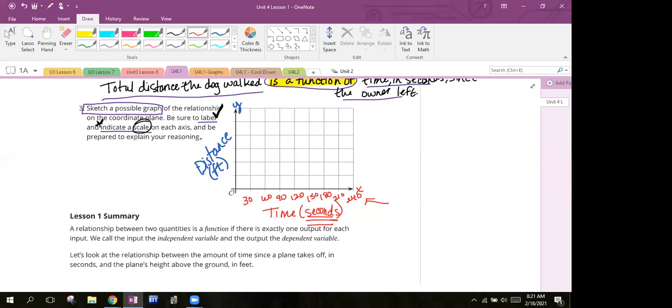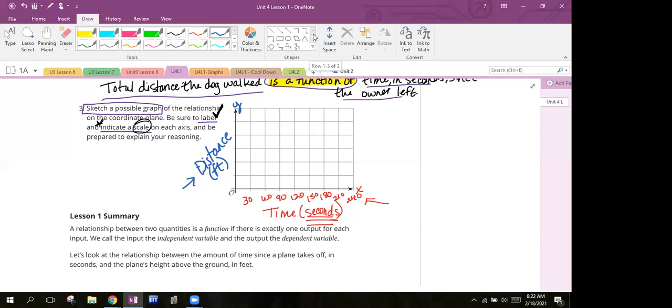Perfect. Now we're talking about distance in feet that the dog was away from the post or that he walked around. Now, we did know one important piece of information: we knew the length of his leash. How big was his leash? Do y'all remember that? It was 5 feet.